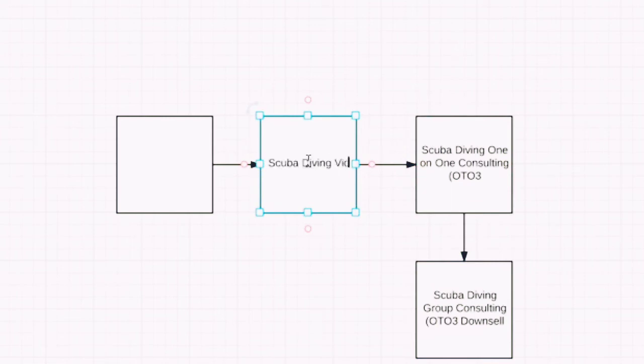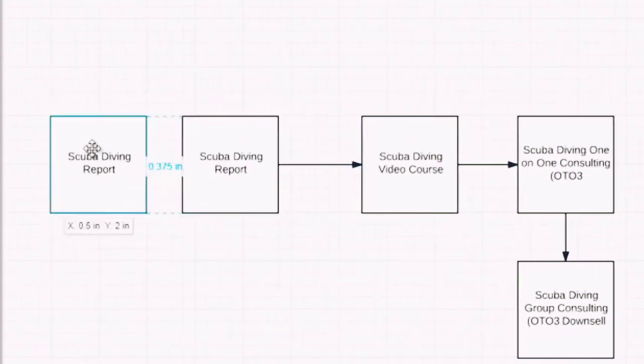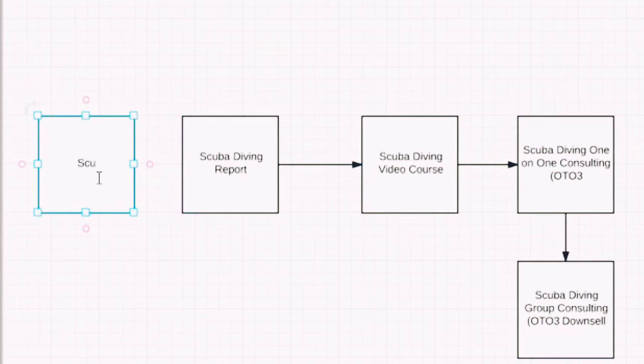Then if we take a snippet of the course over here, this could be a scuba diving port, and then we can move back over here, and this could be something like a scuba diving checklist, like a diagnostic test or something. So let's see, OTO 3, 2, 1, front end offer.